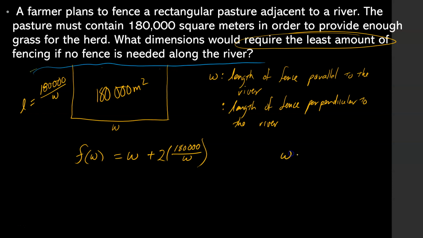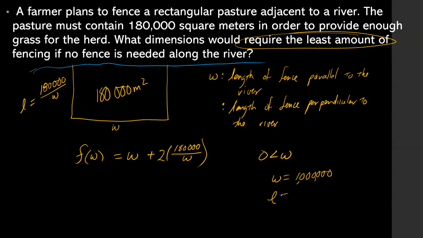Okay, what about the domain here? Well, W is a dimension in the real world, a length, so we need a positive width. It feels like W should have an upper bound, but it turns out it doesn't. Could the width be, maybe, everybody likes a million? Could the width be a million?